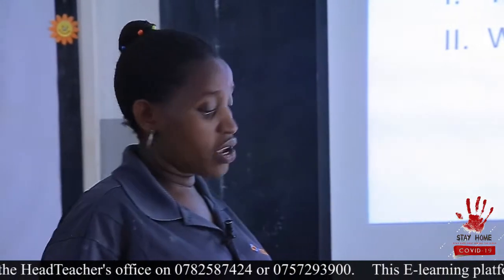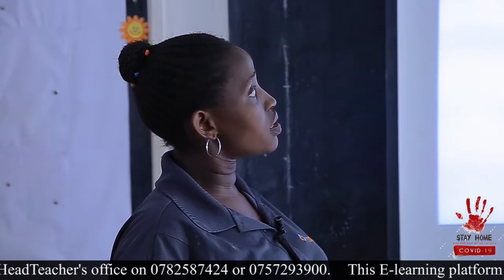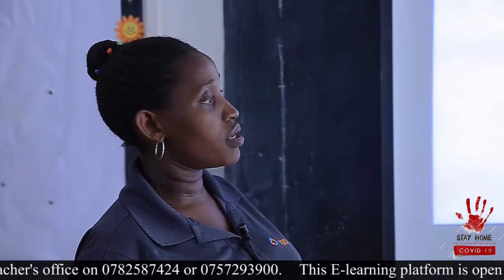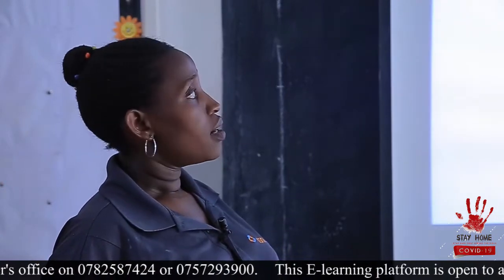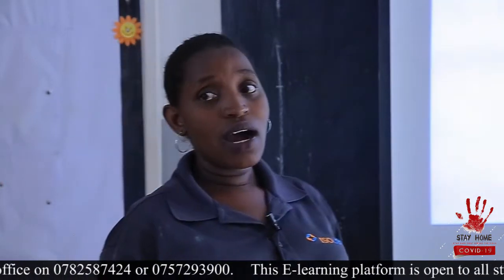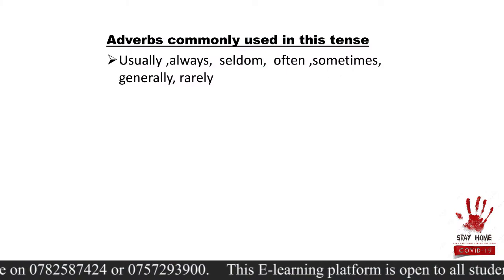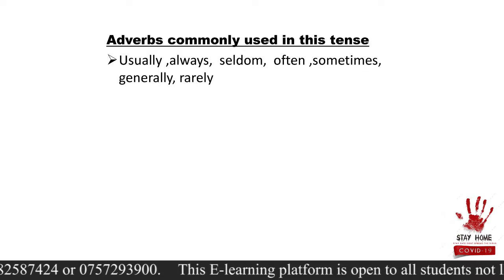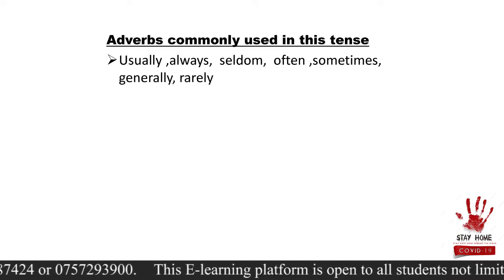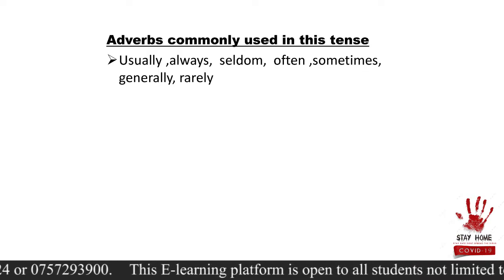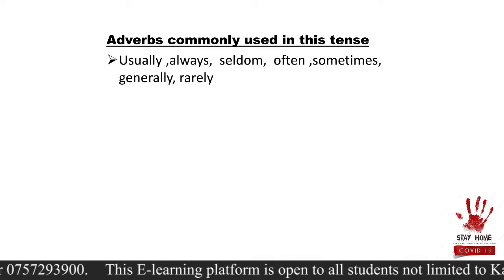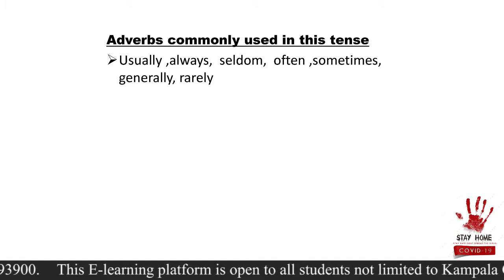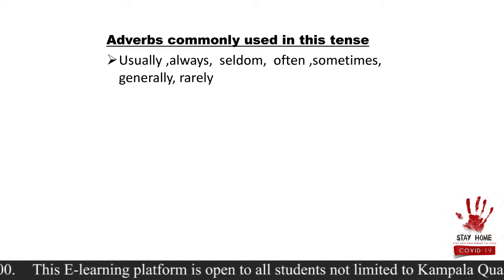When we are looking at these statements here, we are expressing the sentences in the simple present tense. We continue and say, in this tense, we have the adverbs commonly used in this tense. Whenever you find these adverbs in a sentence, that means that sentence is in the simple present tense.